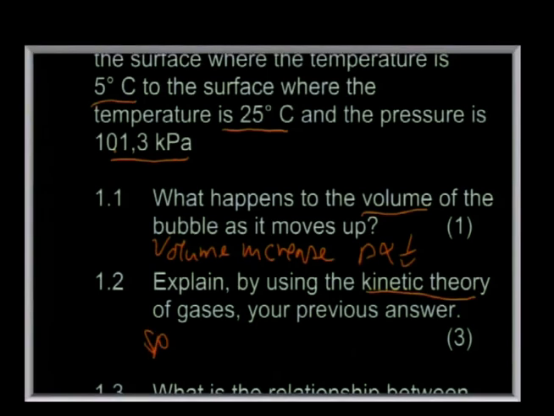Now as it rises, the pressure of the water, the amount of water pushing down on the bubble, decreases. So the pressure decreases, which means that the particles can move further and further apart. The temperature also increases, so they can move faster. So the things that I would take note of are the following. The spaces between the particles are small at depth.